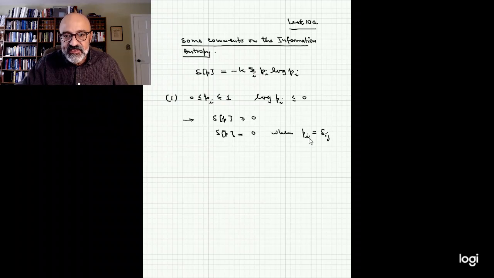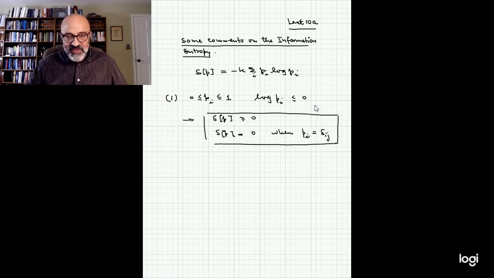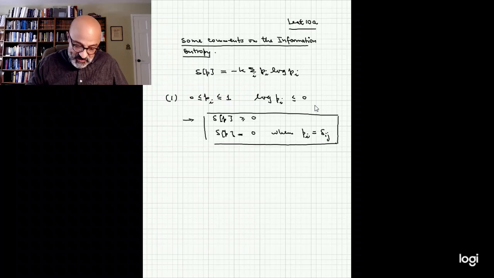Then, in that case, the p_i is 1 for one of these terms, in which case the log is 0, and for all the others it's 0 times log 0. The idea is that the P dominates over the log of 0, and you always get 0. So this is the first important comment. Entropy is positive.